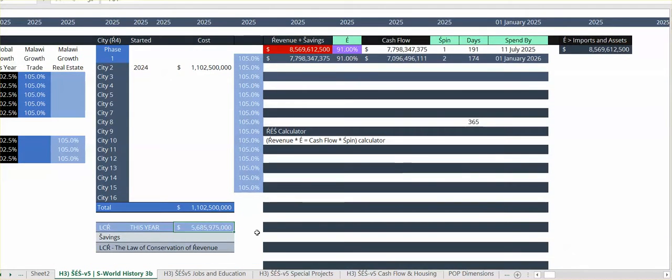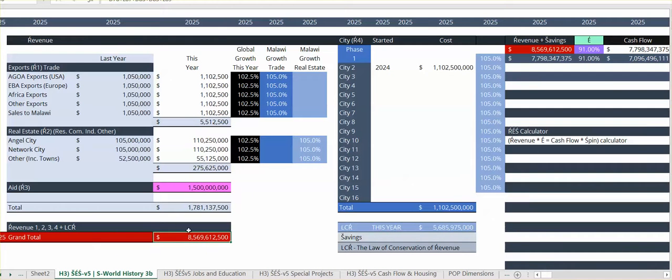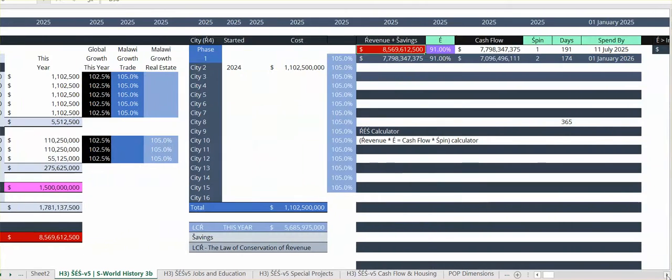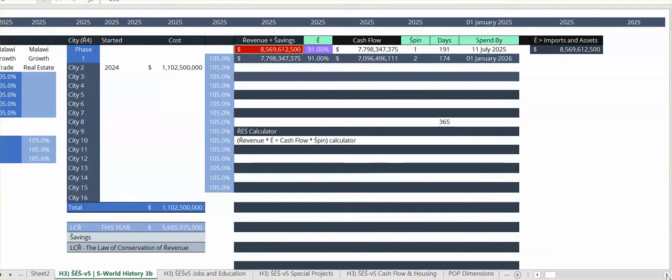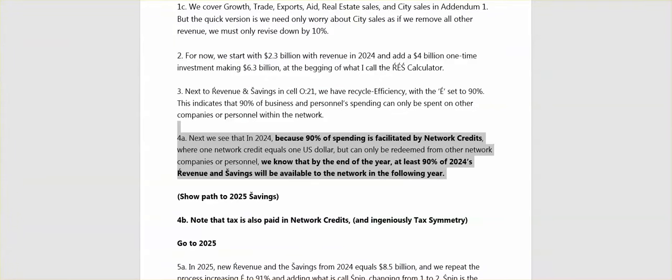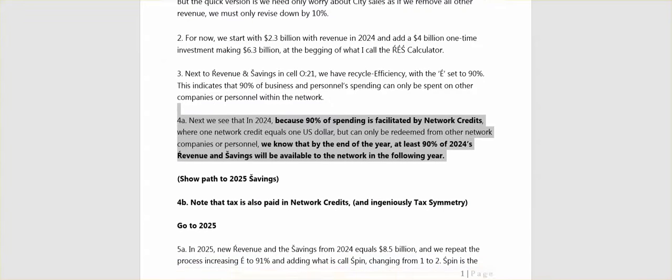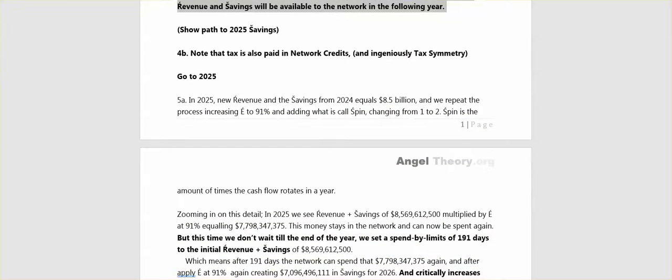It goes in here, and that then gets added to the total revenue here, that then becomes the start of the next year here. So it's savings from the previous year plus revenue in the current year. Note that tax is also paid in network credits and ingeniously tax symmetry.